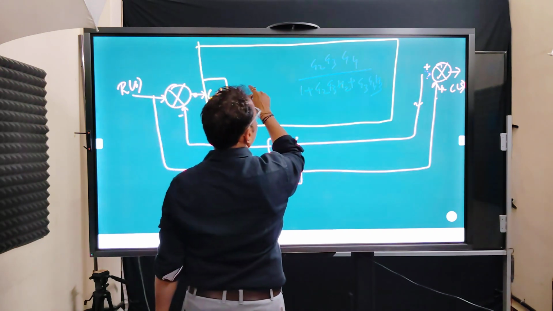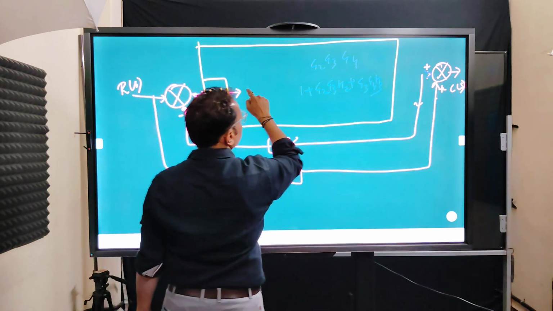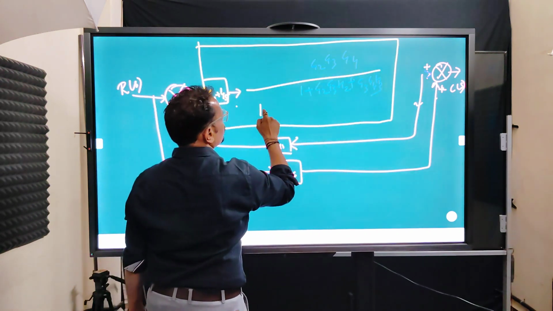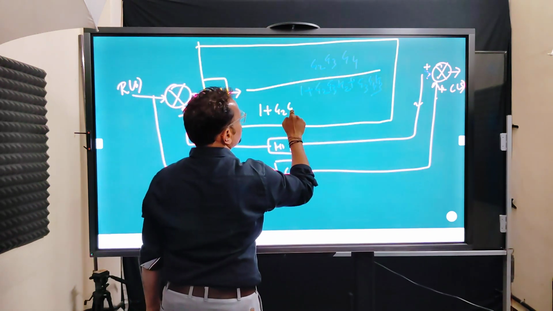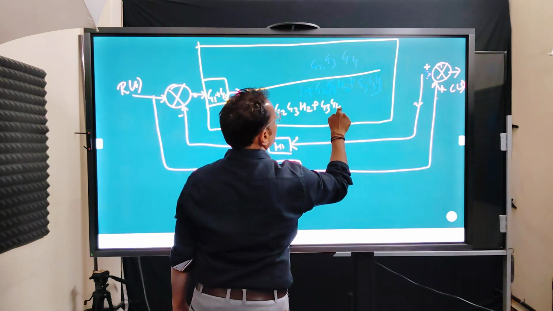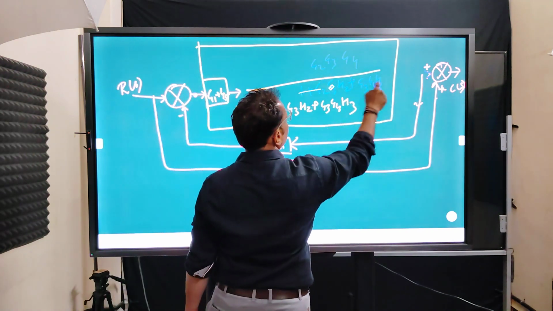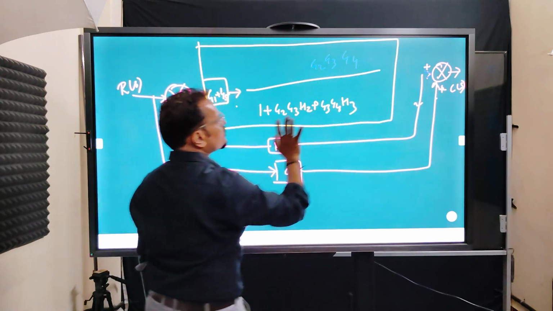I'll write it again here. For us, we'll have as it is 1 plus G2, G3, H2 plus G3, G4, H3. There is no need of this, so I'll remove this. I have written it now.